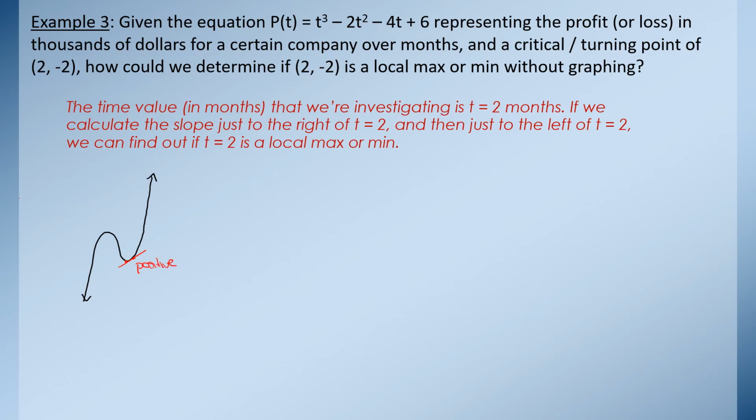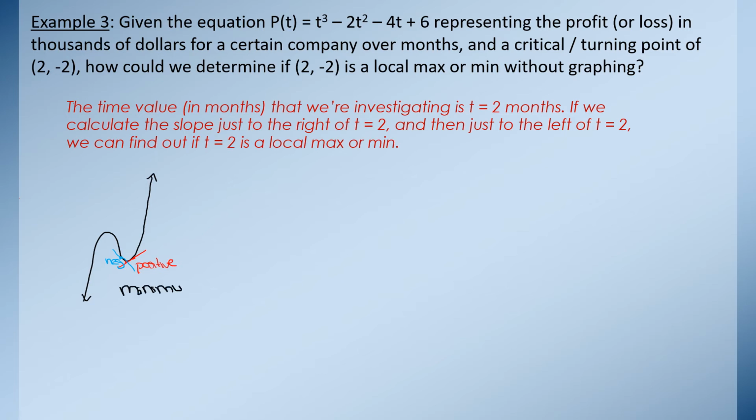Then I would, let me switch colors, I would go just to the left of my x value of 2, just to the left of it here, calculate the slope between these two, and that slope, if it turns out to be negative, that would tell me that I have a minimum.